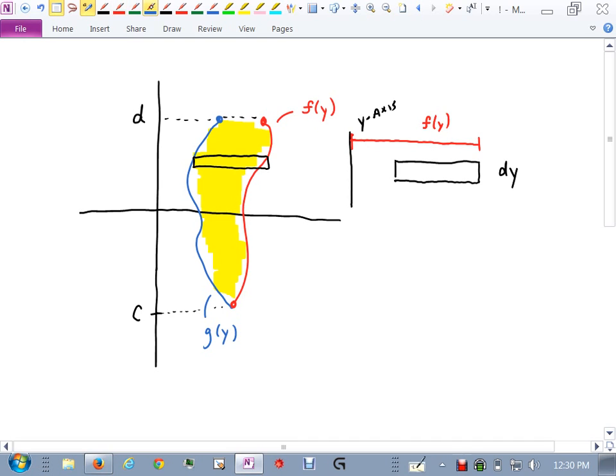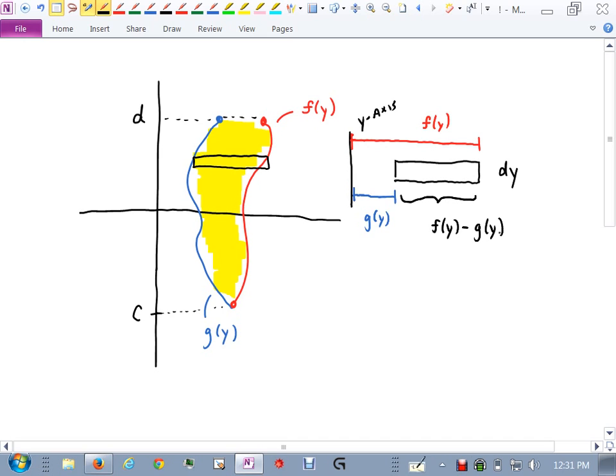And then what's the distance from this left edge to the y-axis? g of y. And therefore, the actual width that we're looking for is f of y minus g of y. Isn't that the exact same thing? We're doing the exact same setup. We're just turning our heads and we're using functions of y instead of functions of x.